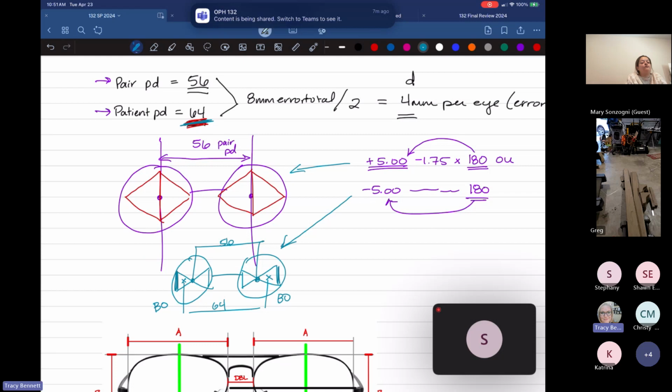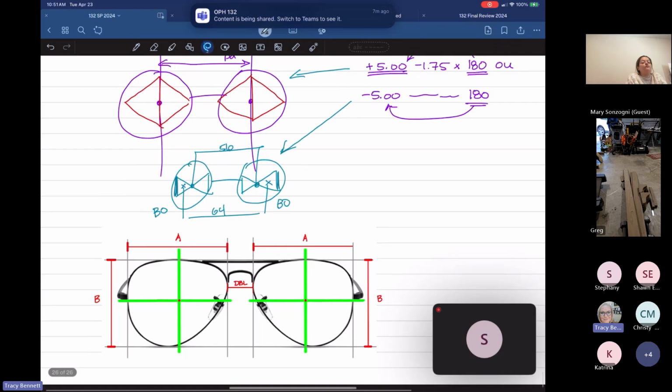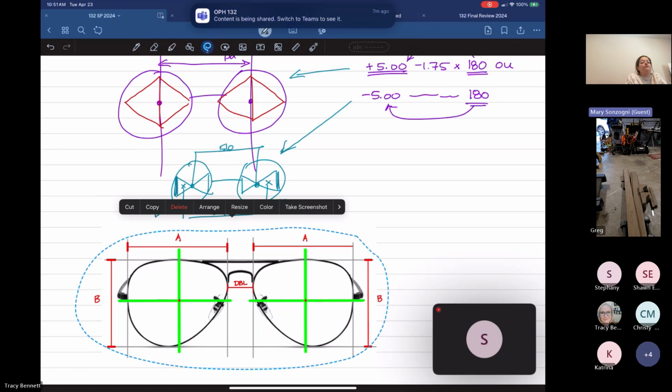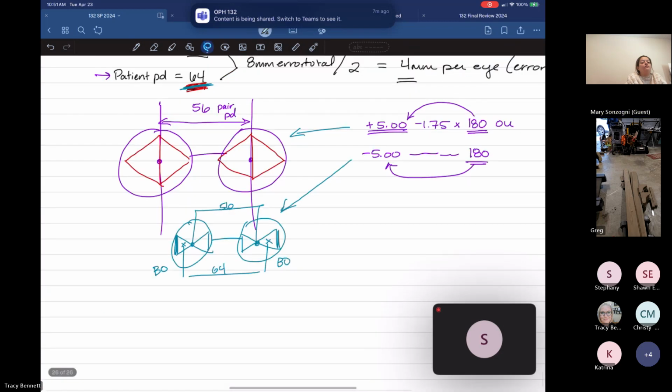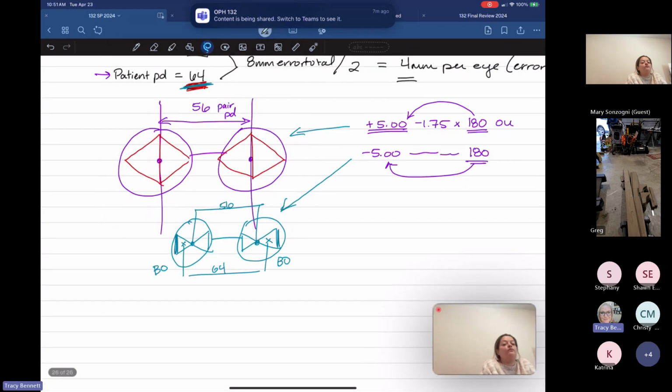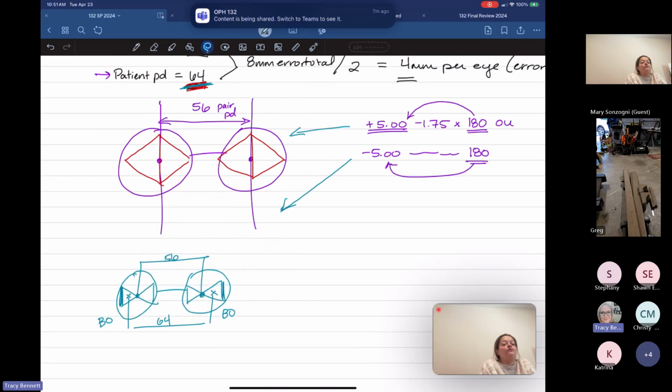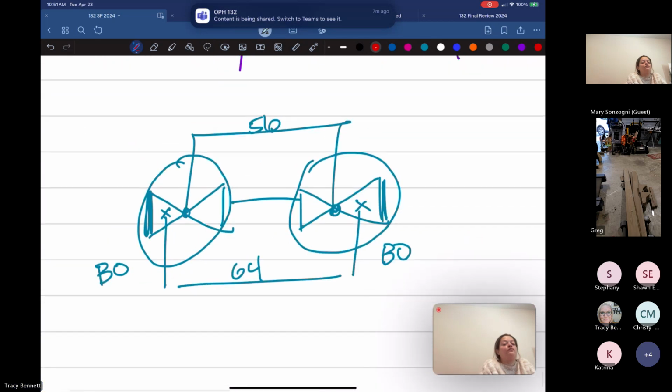And when this person is looking through these glasses, what's going to happen to the eye? Because the prism, right?